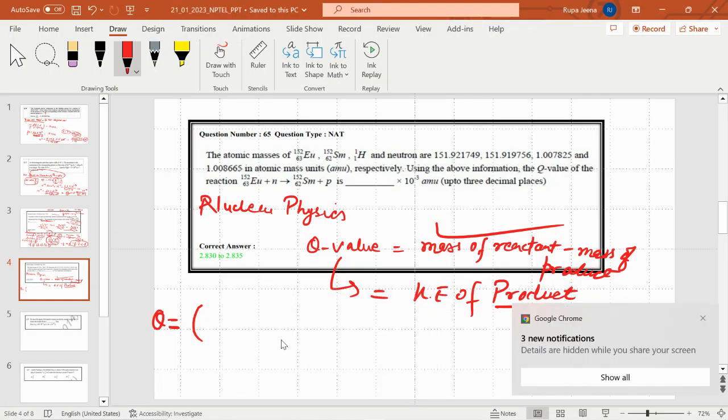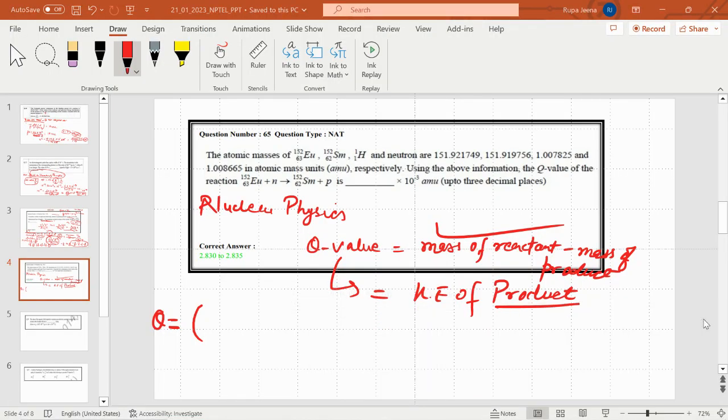So the answer, yes, 0.84. How 0.84? Then it's not 0.84. Wait, I'll do it.